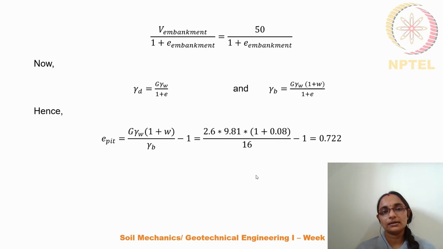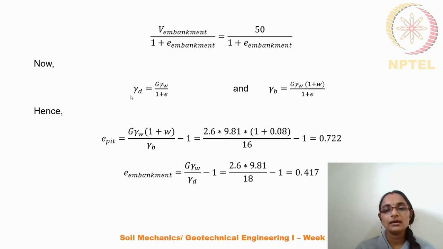In a similar manner, since the dry unit weight of embankment is given, taking the equation gamma d is equal to G gamma w by 1 plus e, we get e embankment as 0.417.